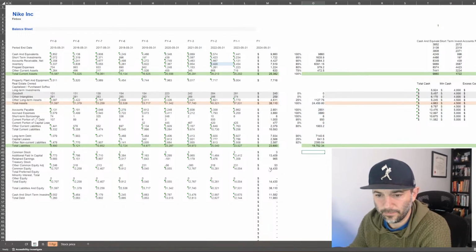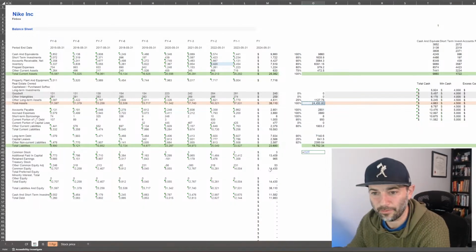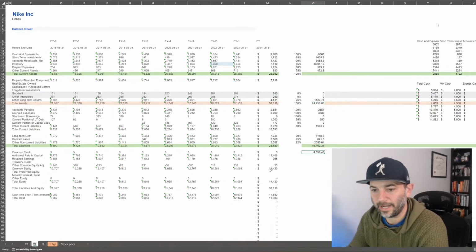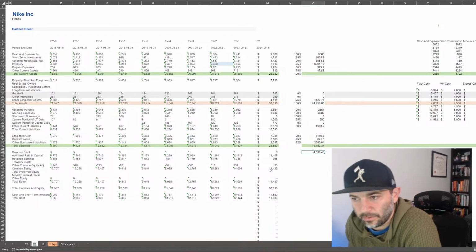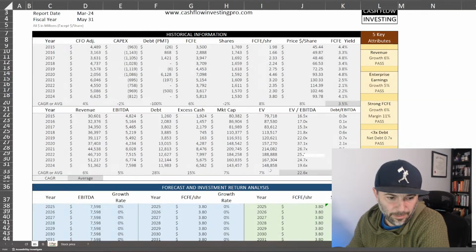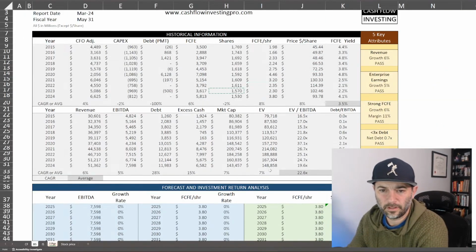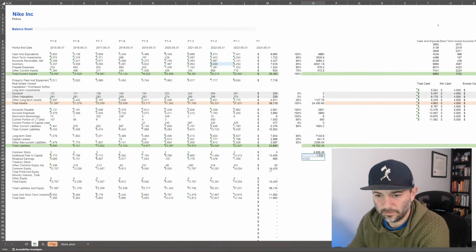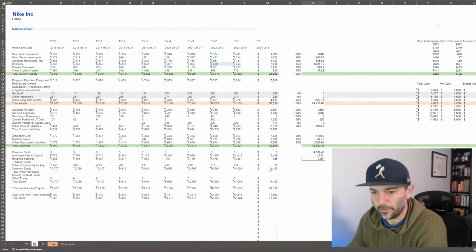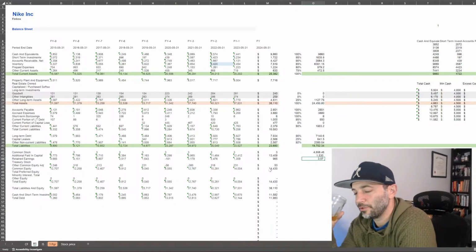So if you went bankrupt, and this is really, really rough math, you've got an excess of $4.6 billion of cash. How many shares of stock outstanding? 1.5 billion. So you get $3 of cash back.